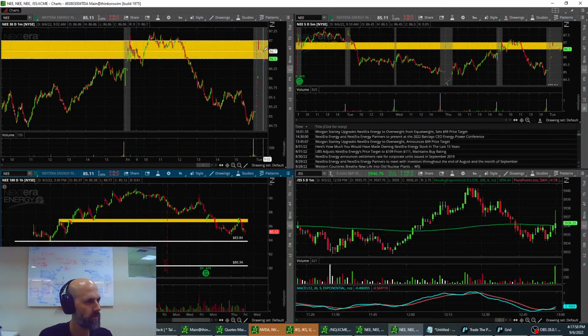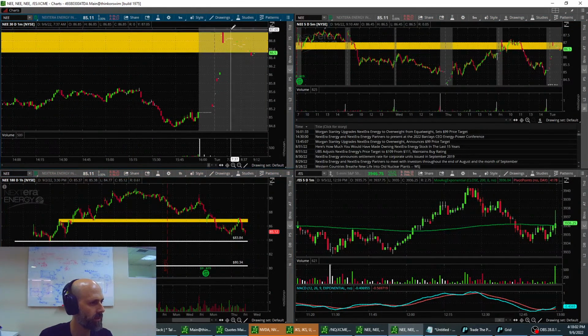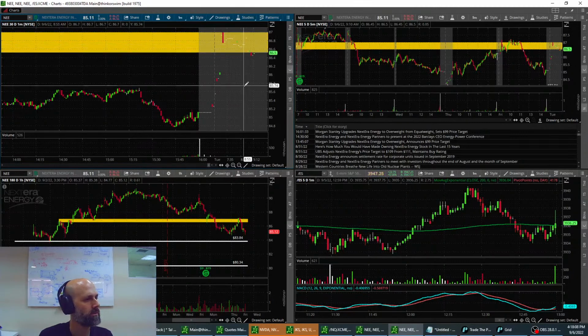Could be interesting though. We are in pre-market. We had some trades over there inside of the area that we marked. Might be interesting. We need to see how it will start the day.